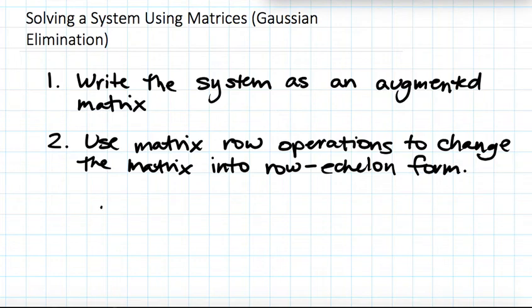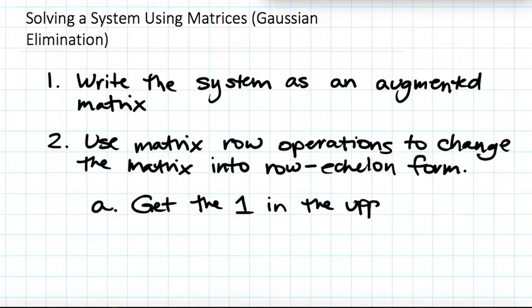And the steps for this, it's important that you do these in the right order. The first step is to get the 1 in the upper left corner, if it's not already a 1. If it is already a 1, then you can skip this step.